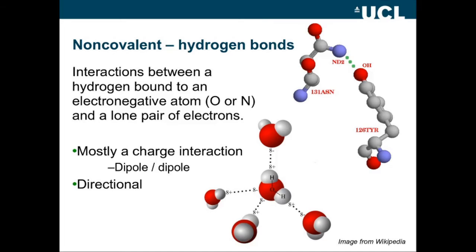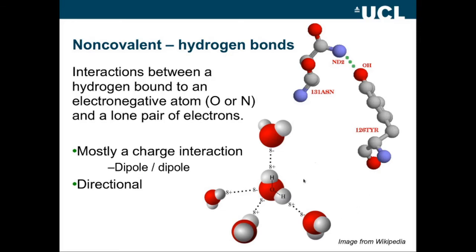The third type of non-covalent interaction is the hydrogen bond. This is an interaction between a hydrogen bound to an electronegative atom, and in the case of proteins that means an oxygen or a nitrogen, and a lone pair of electrons on another electronegative atom. So this is mostly a charged type of interaction. It's a dipole-dipole interaction.